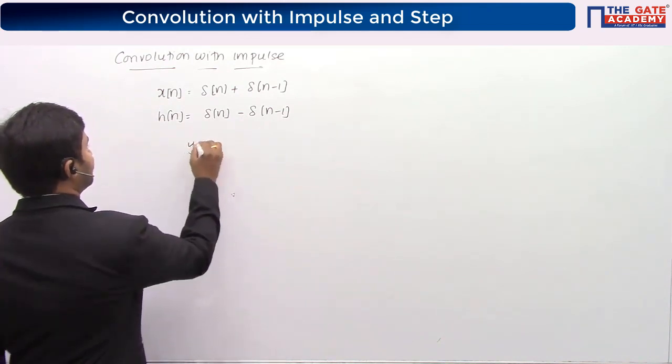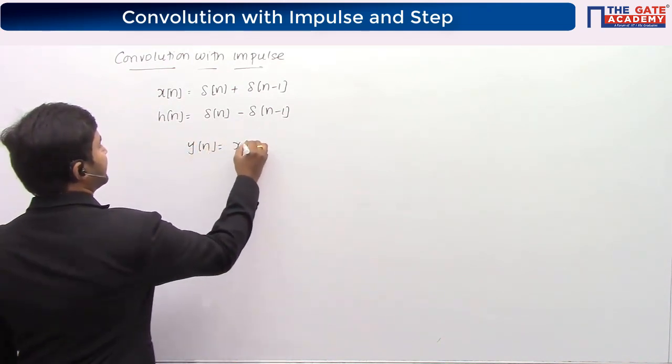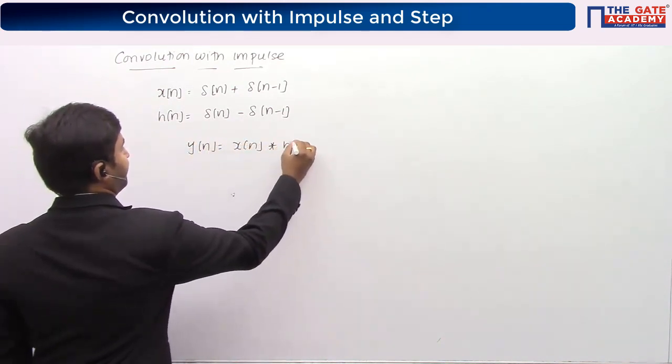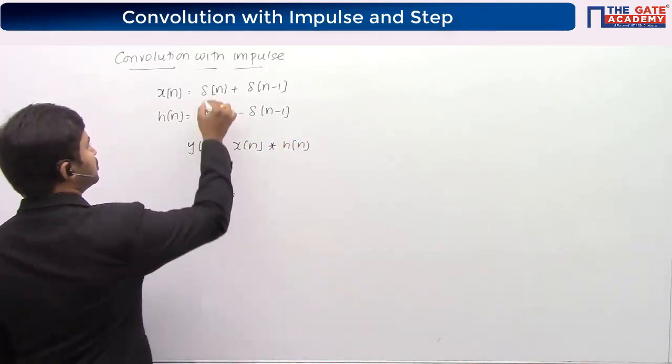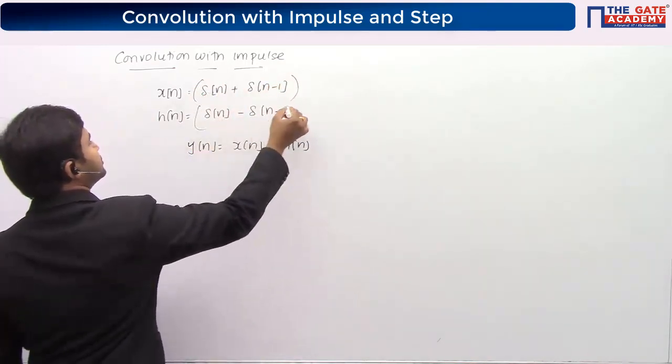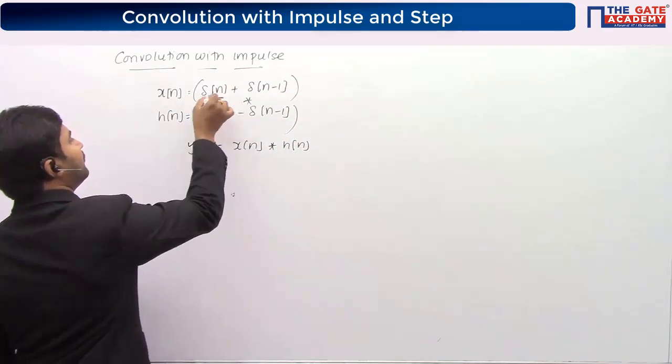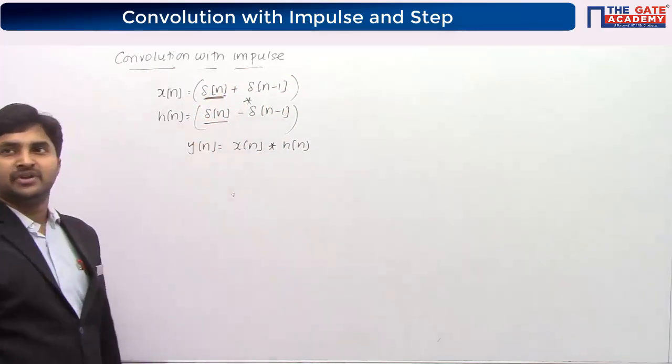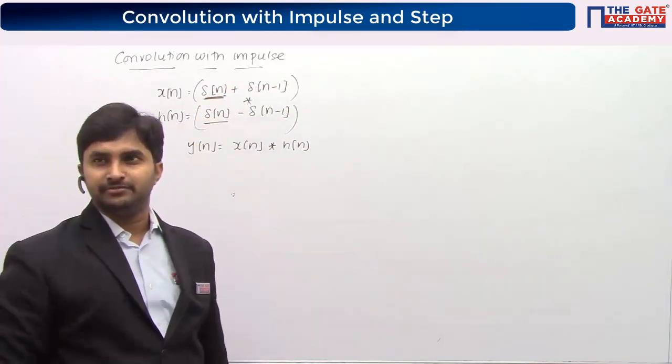So to get the output y of n, I will be applying the convolution. If I am convolving these two functions, del of n convolved with del of n is what?